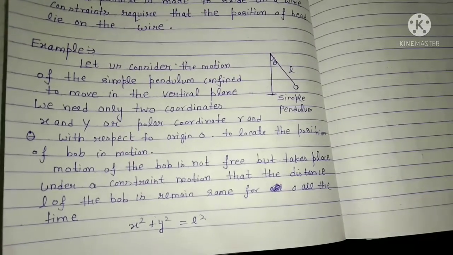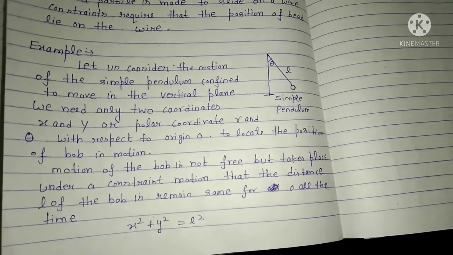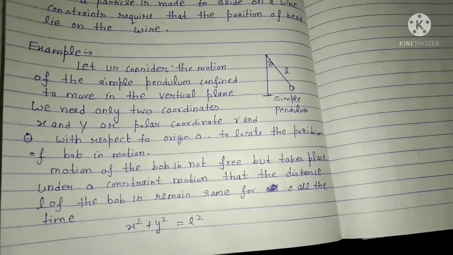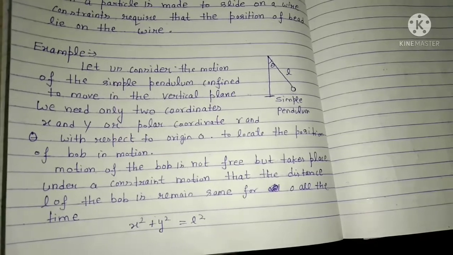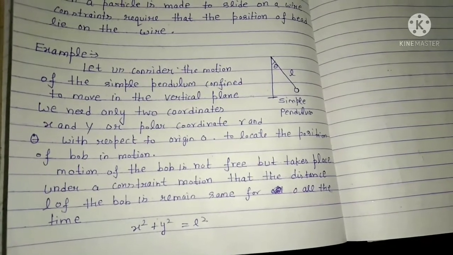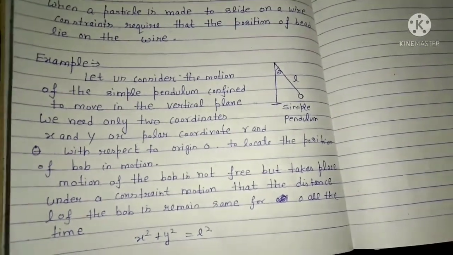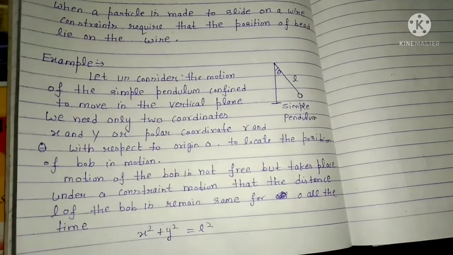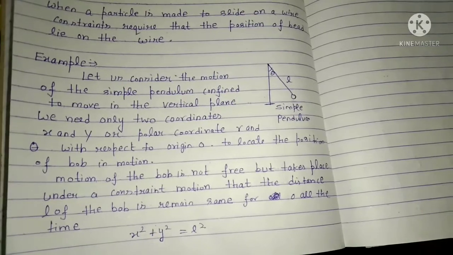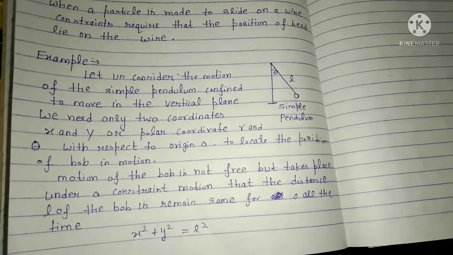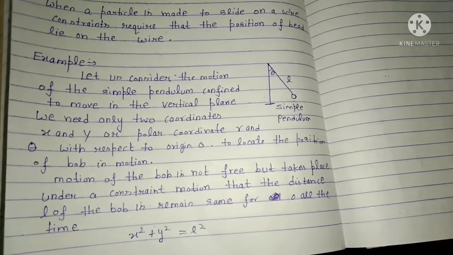The motion of the bob is not free but takes place under a constraint motion that the distance L of the bob remains same for all the time. यानी कि O के लिए जो डिस्टेंस है जो बॉब का वो एक कंस्टेंट है, यानी कि जो लेंथ ऑफ द पेंडुलम है वो सेम रहेगी. सो दिस इज द एग्जांपल ऑफ कंस्ट्रेंट मोशन and the equation of motion is x square plus y square is equal to L square, where L is the length of the pendulum.